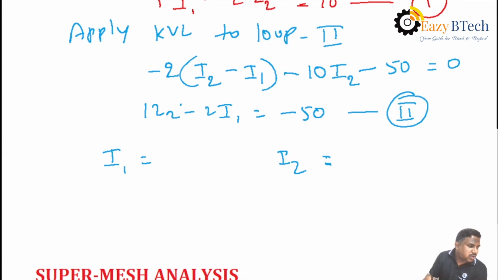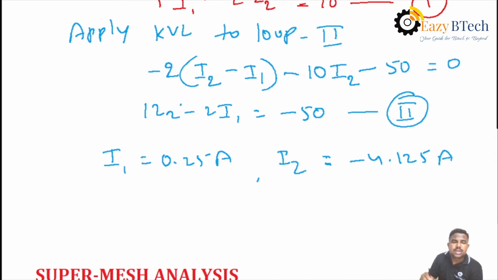Then the value of I1 you will get here is 0.25 amperes, and I2 is minus 4.125 amperes. These are the corresponding loop currents I1 and I2.